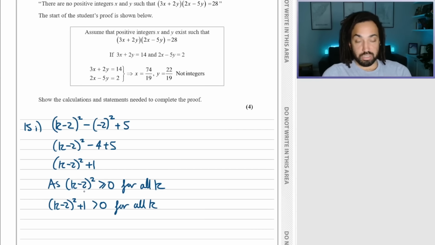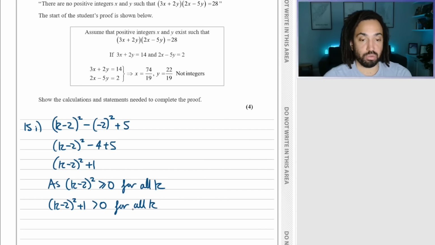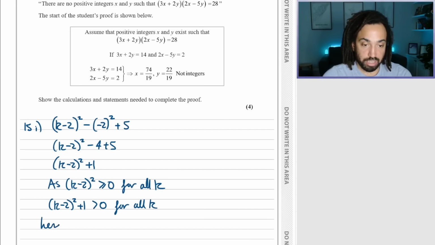So we know this is because any square expression is always greater than or equal to 0. So that's, we don't have to prove that. That's a given. So when you add 1 to it, it's definitely going to be greater than 0 for all k. And then I'm just going to go say hence.